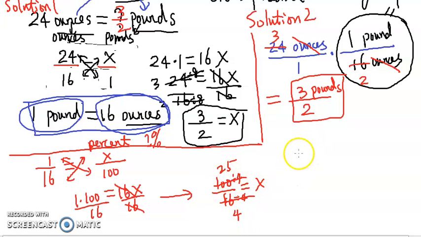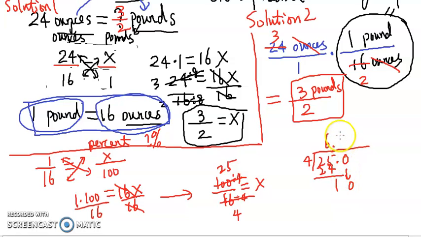And 25 over 4, let's do the division. Let's do long division. 4 goes into 25 six times with the remainder 1. And we can continue to add a decimal point, add another 0, and bring down that 0.